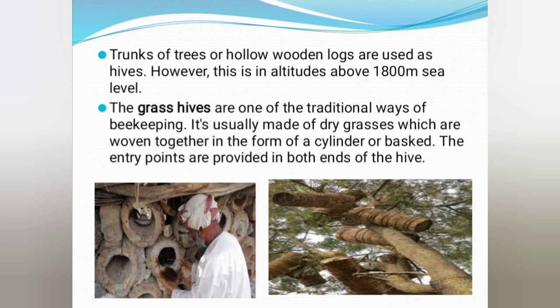These long grasses are woven in the form of baskets and hung on the trees, and again wax is smeared inside, which acts as a bait to attract the honeybees. Both ends are open in the case of trunks, hollow wooden log hives and grass hives, and they are hung on the trees.